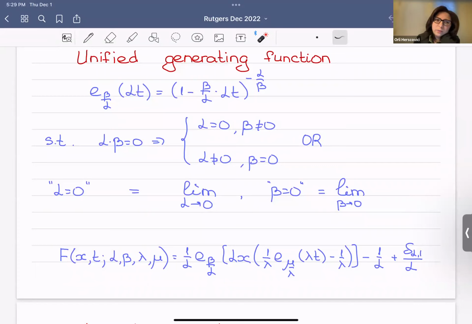So if one of them is 0, the second one should be different from 0. And again, equality to 0 is understood as a limit of the variable. So based on this function, we define function f, depending on 2 variables x and t and 4 parameters, alpha, beta, lambda, mu.